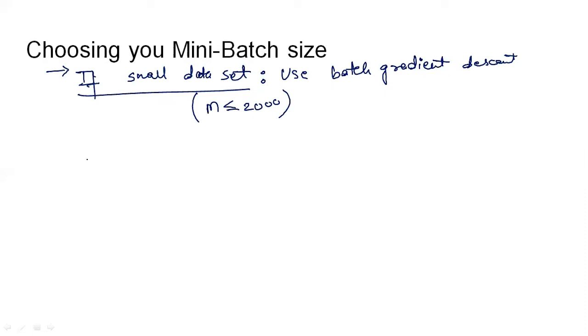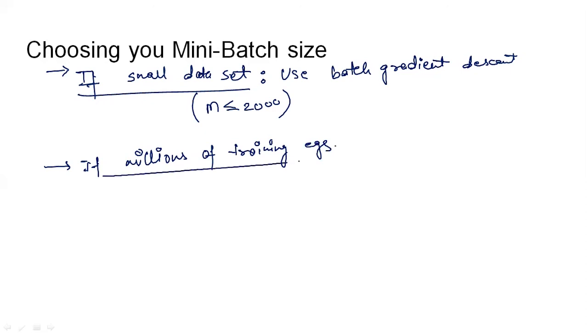Now if your data set is large, for example, if you have millions of training examples, then it is often recommended that you take the batch size in powers of 2. Why powers of 2?